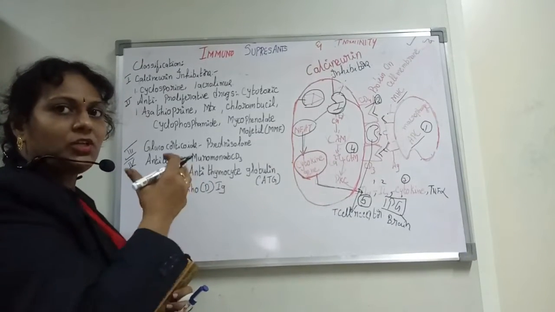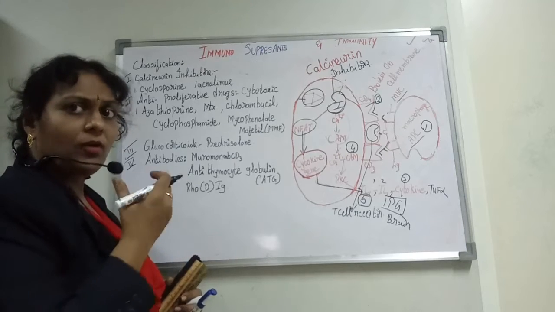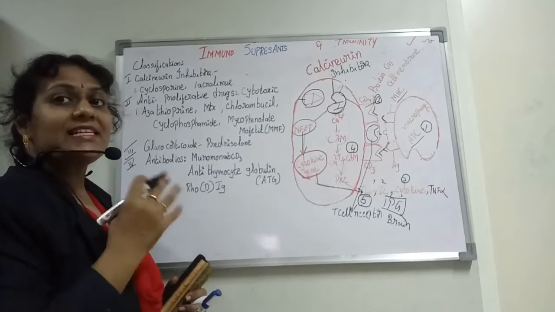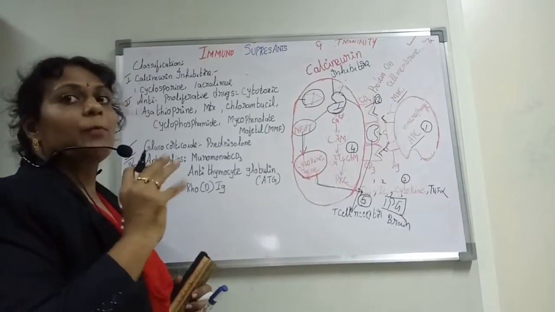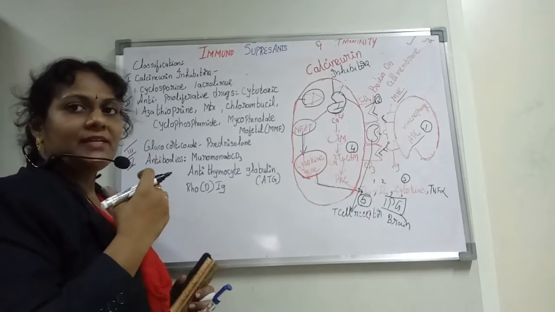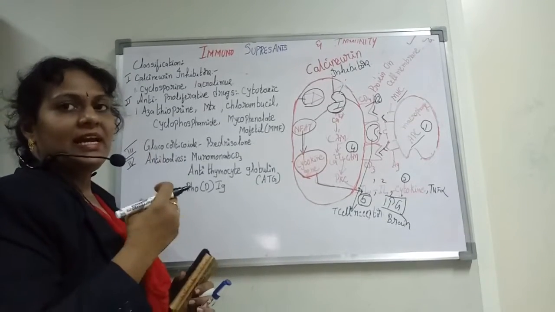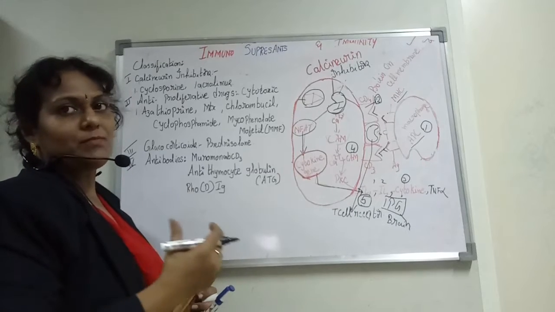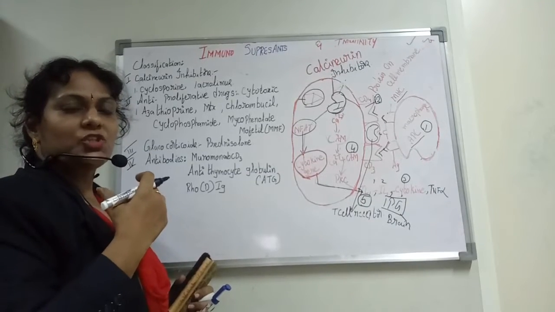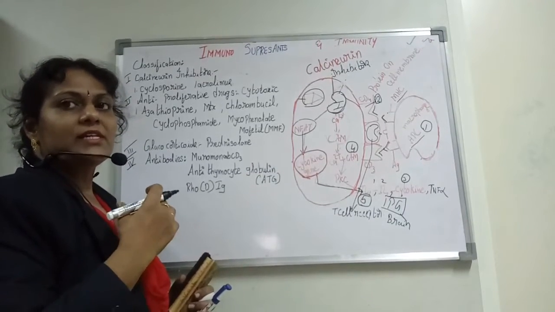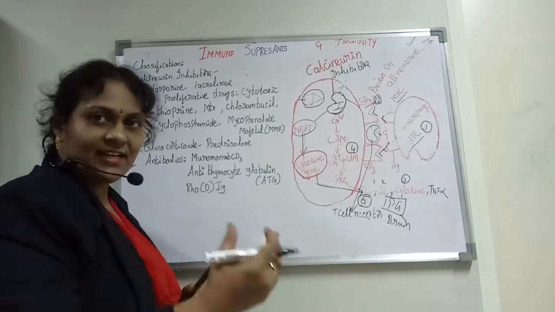And the same classification is drawn here, so that it is inhibiting the proliferation of the cells, inhibiting the differentiation of the cells, inhibiting the production of plasma cells, inhibiting the production of memory cells, inhibiting the formation of natural killer cells.